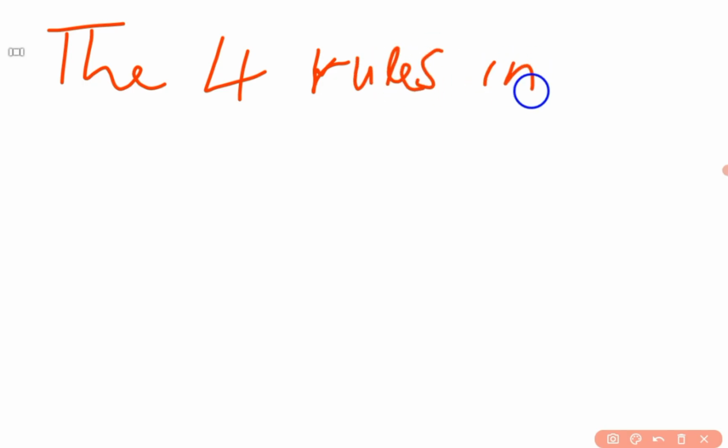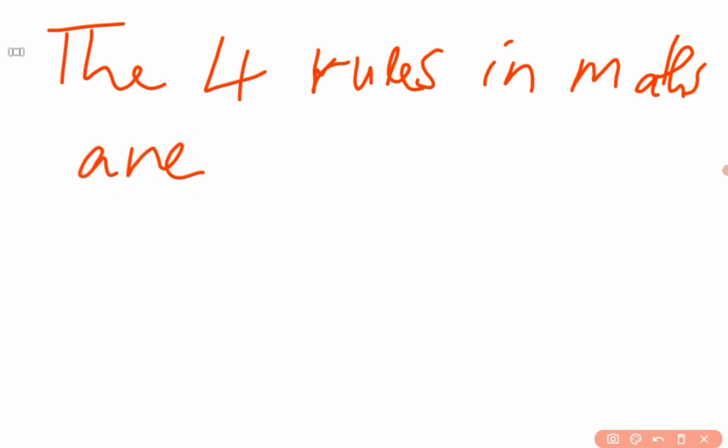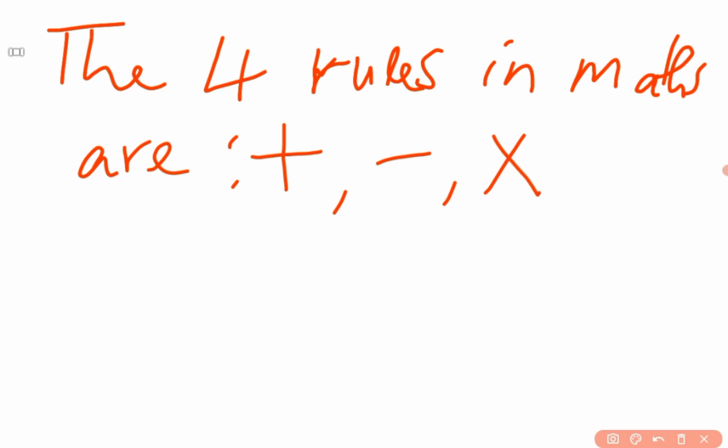I'm saying that the four rules in mathematics are: you have addition, subtraction, multiplication, and division. So we're going to pick it up one after another. We're going to look at each of the rules, take its examples and so on. So let's go.